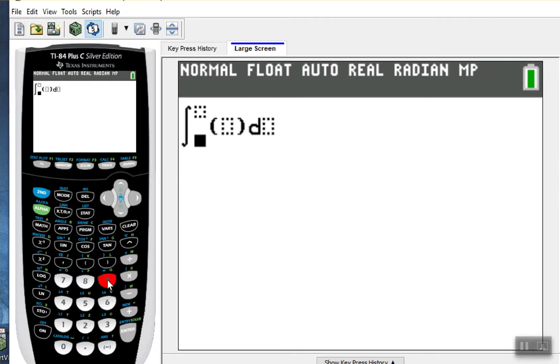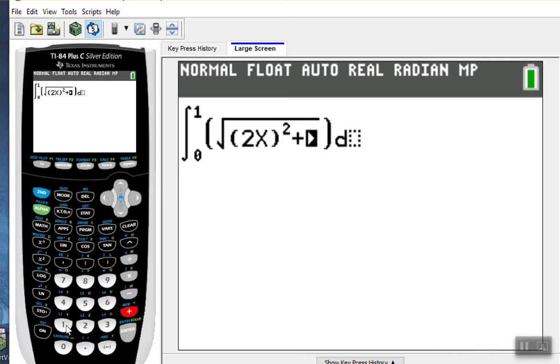The limits are from 0 to 1, and the function is the square root of, don't forget any parentheses, 2 times x, because in your calculator you need to put x, close the parentheses, squared plus 1.